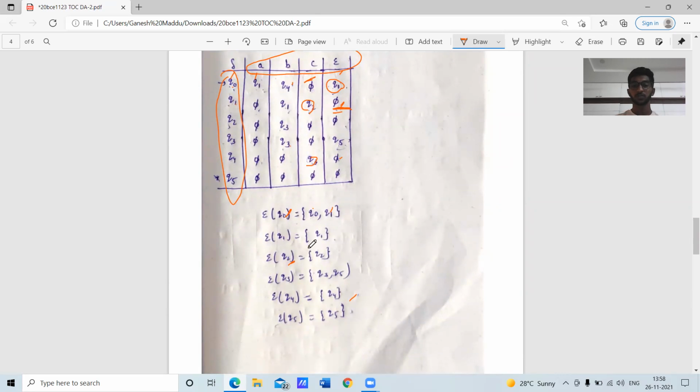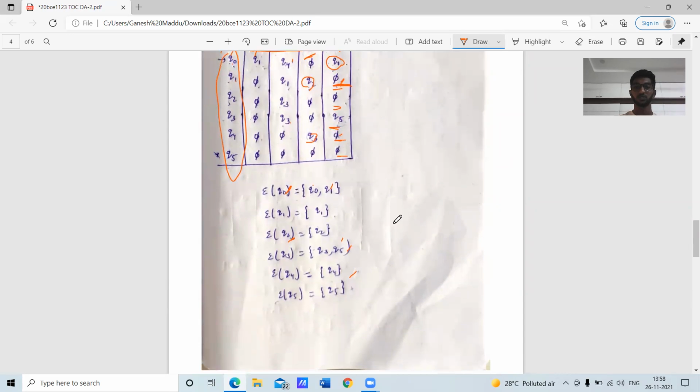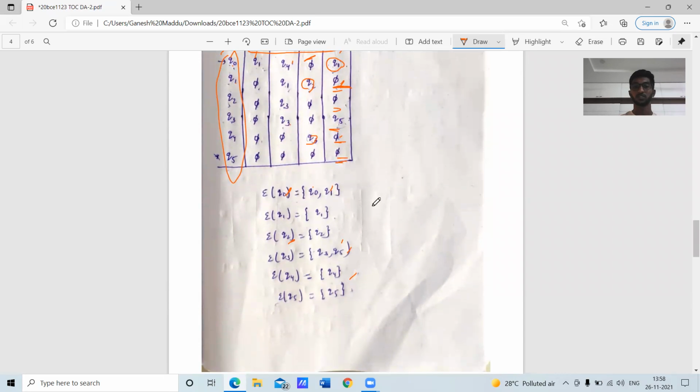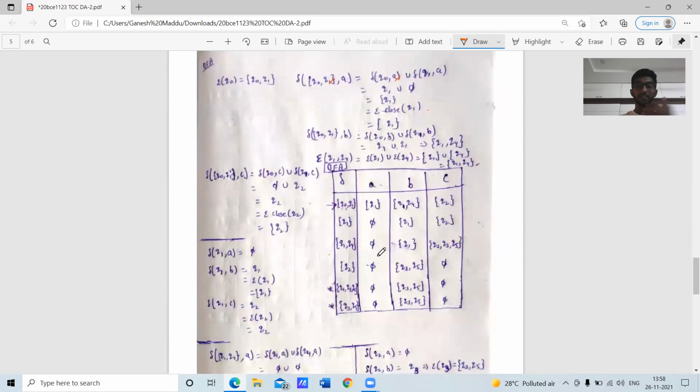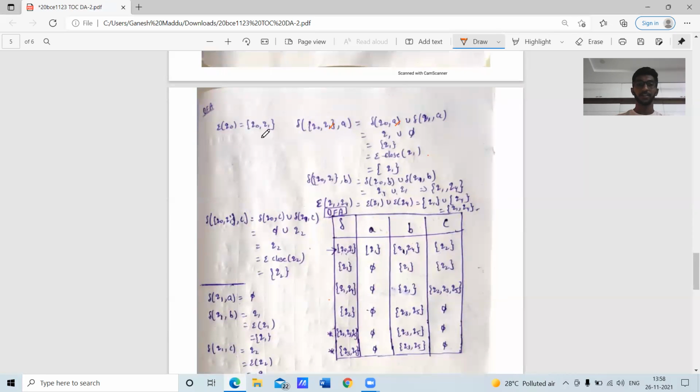For Q2 write Q2; there is no epsilon transition, so just Q2. For Q3 write Q3, and from Q3 to Q5 we can move, so include Q5. For Q5 there is no epsilon transition, so Q3, Q5. For Q4 there is no epsilon transition, so just Q4. For Q5 also there is no epsilon transition, so just Q5. Now we will write the transition table for the DFA.